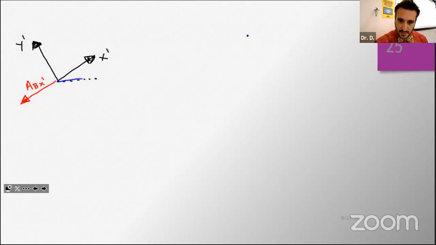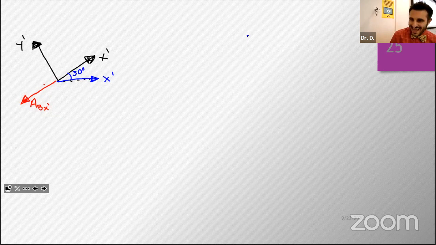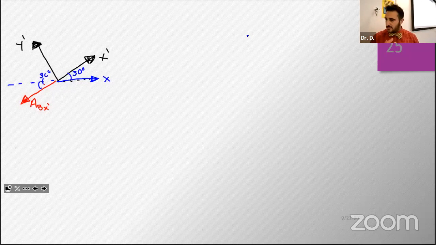This is my actual x direction, and this is 30 degrees off of here. So that means that this angle in here is also 30 degrees, because they're complementary angles.